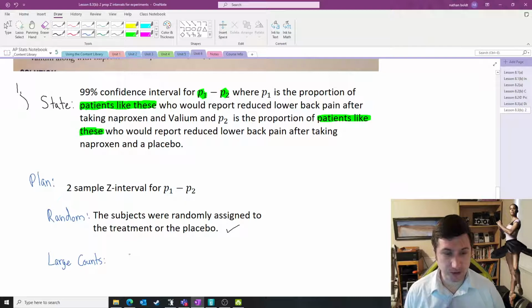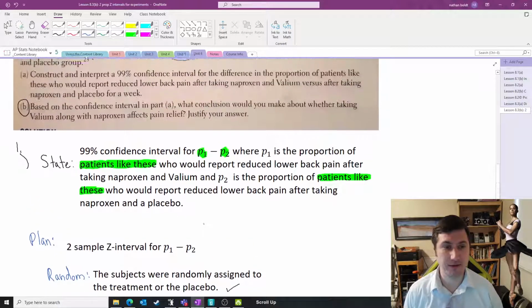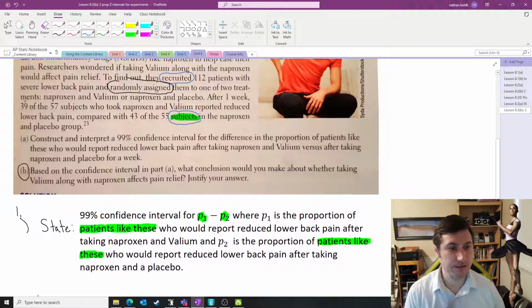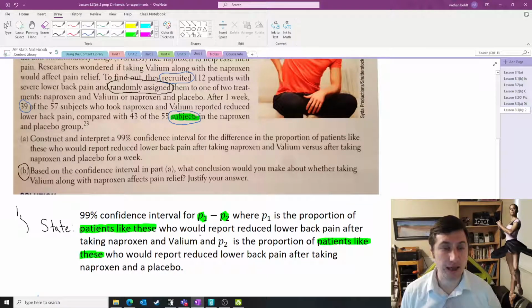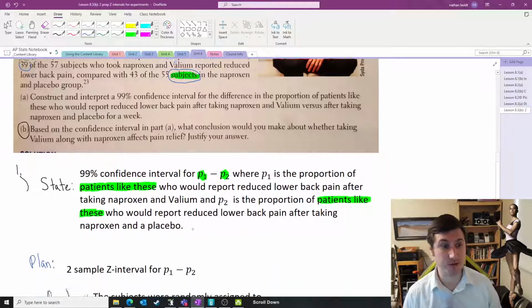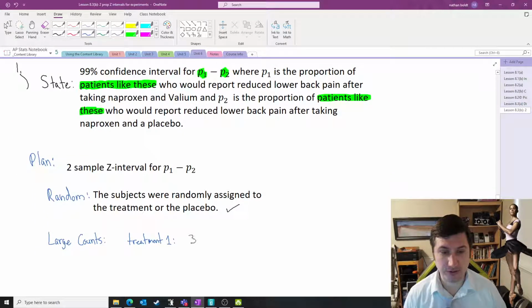So for treatment 1, we have 39. This is from our results. These are the successes. 39 said that they did report reduced back pain. And then the number of failures would be 57 minus 39, which is 18, which those are both greater than or equal to 10.